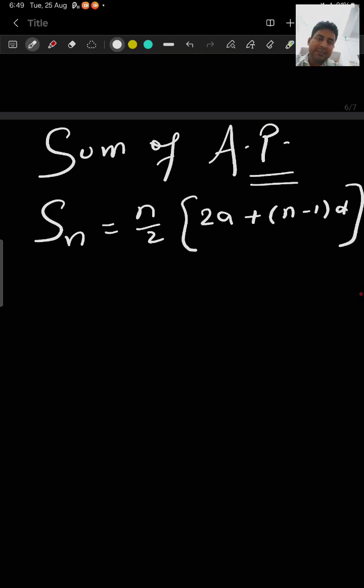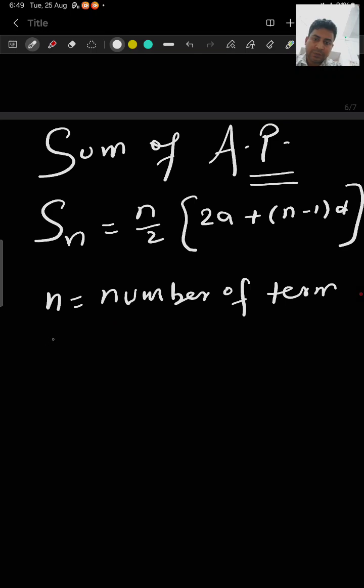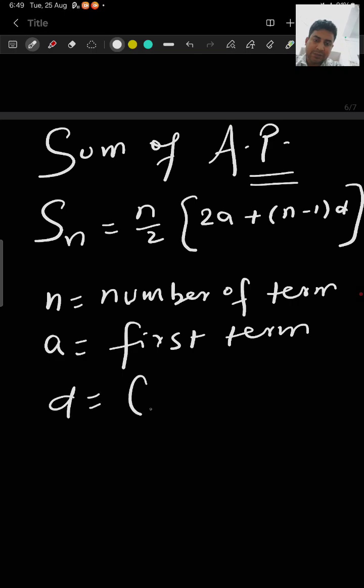Here n is the number of terms, a is the first term, and d is the common difference. Okay, we have some examples.